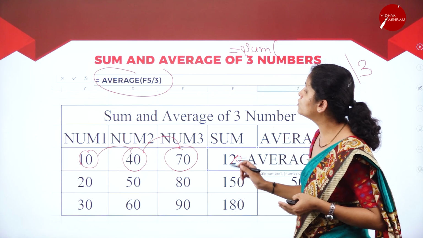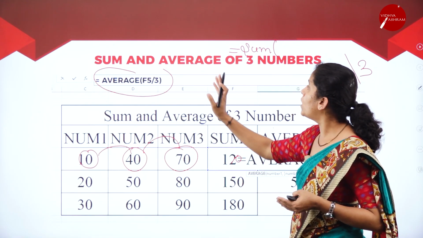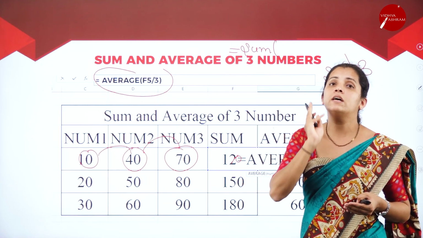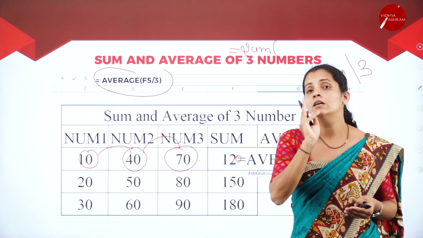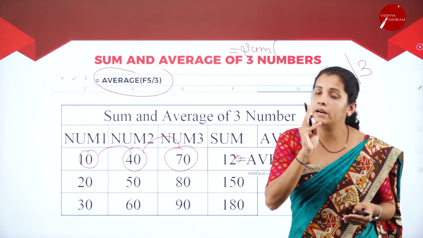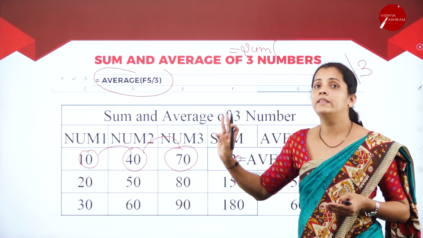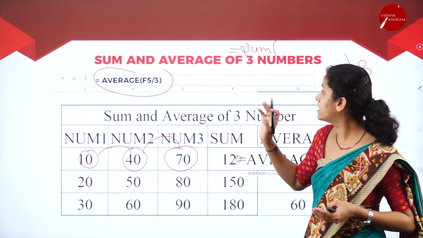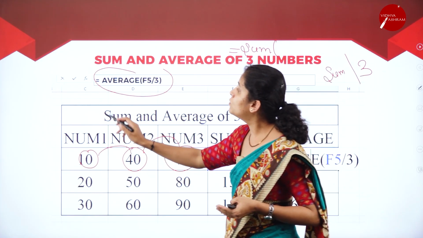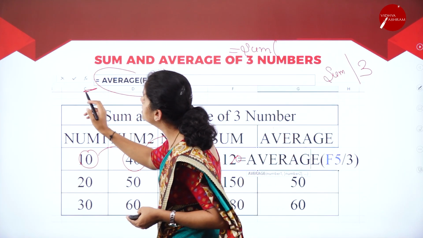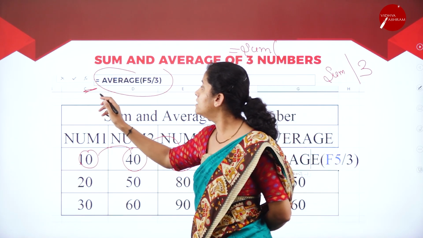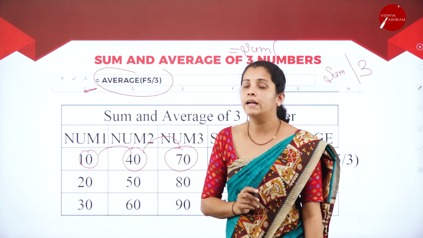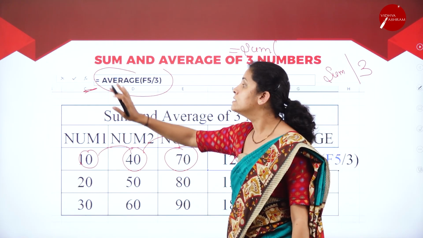That means I want to specify the range. So what is the range I have? That means I want to add 3 numbers, and I want to specify the starting number range, and I want to specify the ending number range. For that, I'm going to consider the column address. So what is the column address I'm going to have here? That is nothing but C.